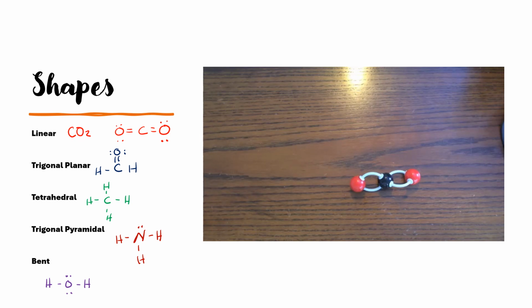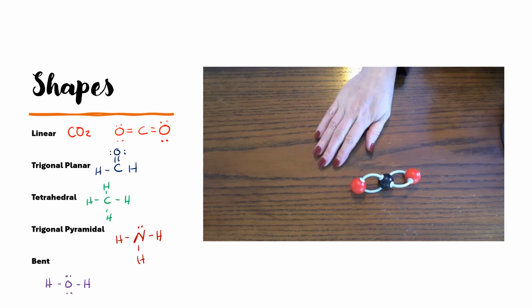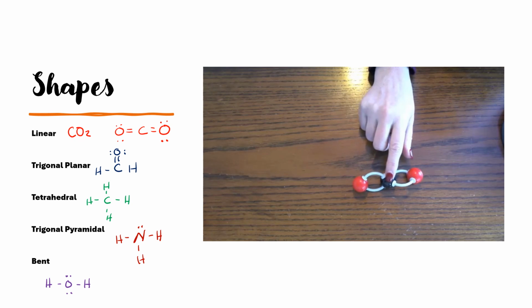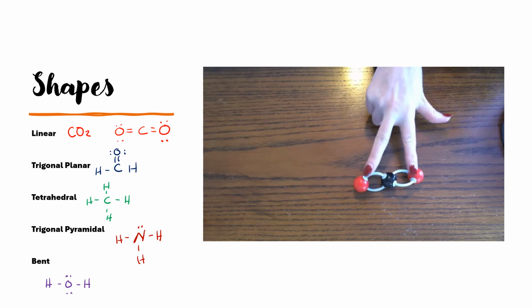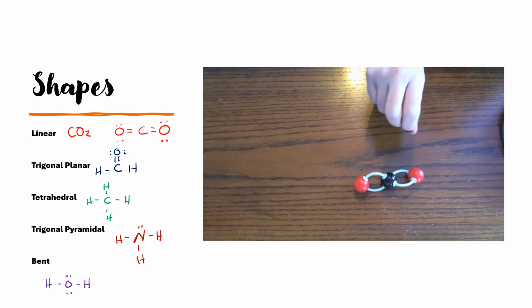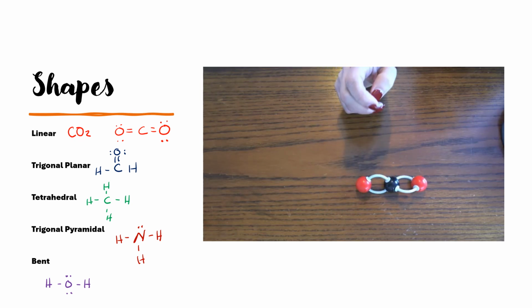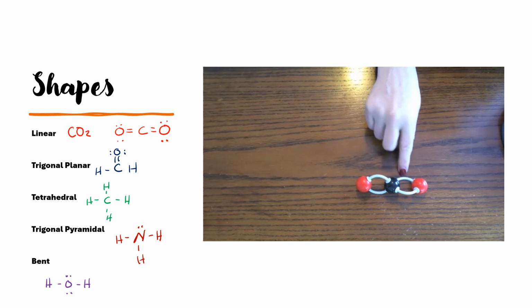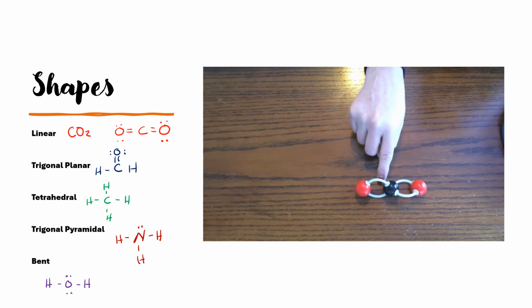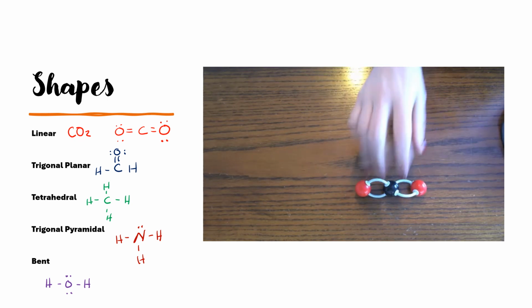Okay, so for carbon dioxide here, I've got my carbon as my central atom, and I have 2 oxygens on either side. Now this shape is going to be linear. If you remember back to first semester, the double bond only counts as 1 electron region, and so literally 180 degrees would be the geometry for this molecule, which is linear.